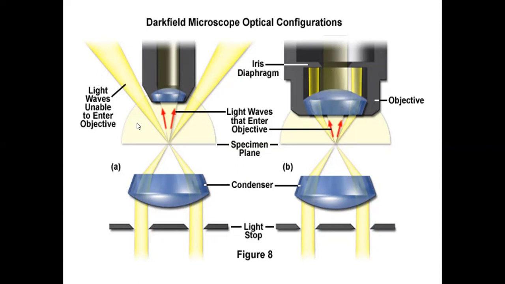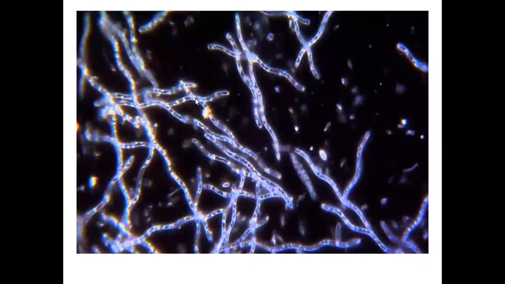Here, light waves are unable to enter the objective, and there they go to the objective because of the action of the condenser. And this is a picture which we can find in dark field microscopy.